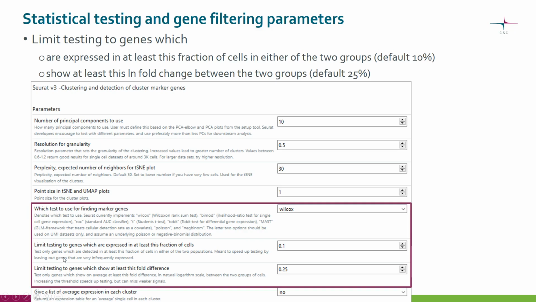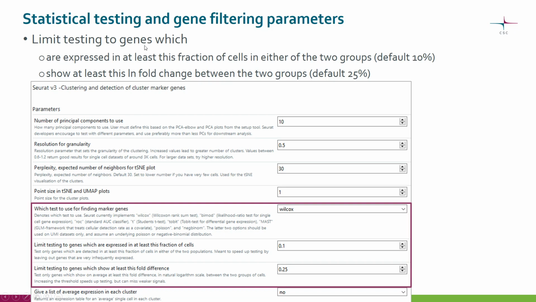So then if we look at the actual parameters, so here we have this tool, clustering and detection of cluster marker genes, does many things, but these particular parameters here are relevant for finding the marker genes. So first of all, you have to tell which test you want to run. And then for filtering, you have these two options.